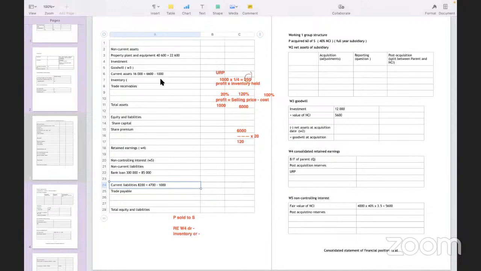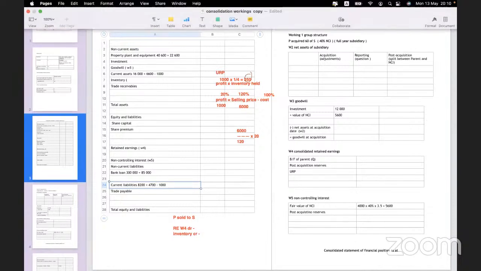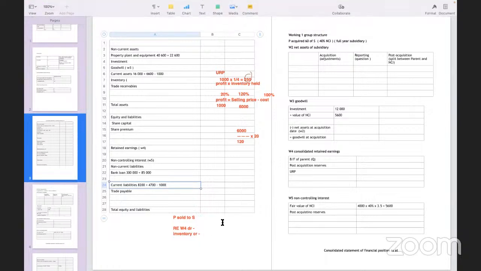Now remember, in our question, it is Shav who is selling to Push. So over here, what's happening? It's the subsidiary who is selling to the parent.